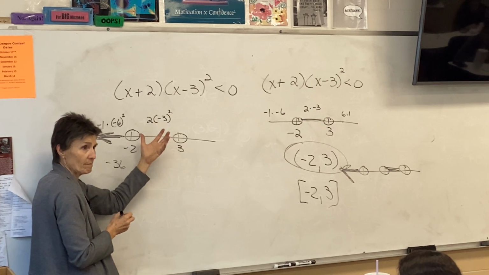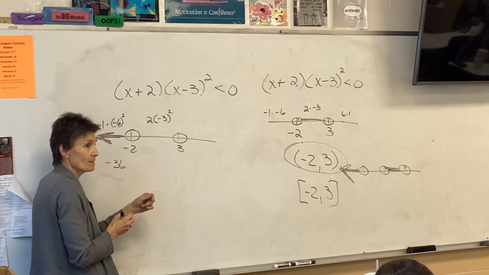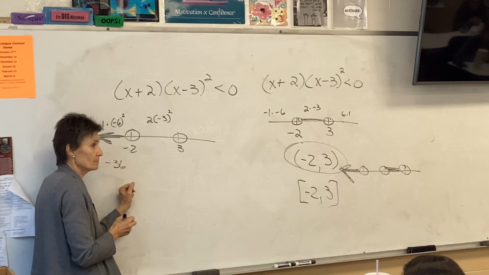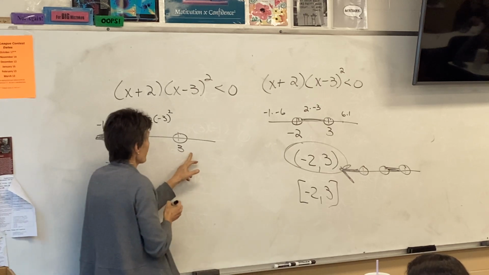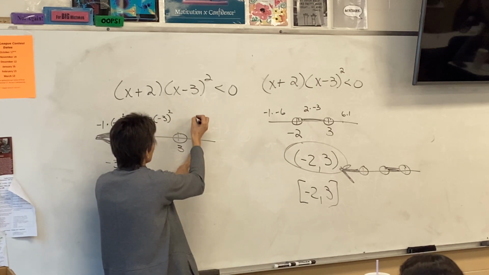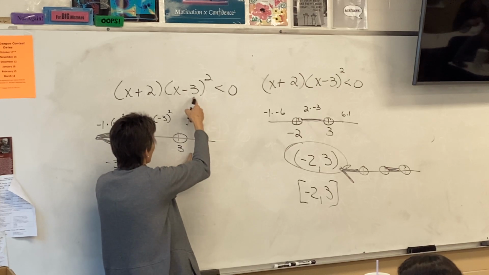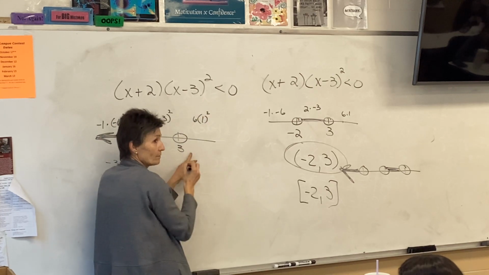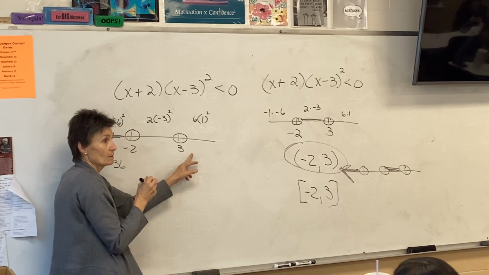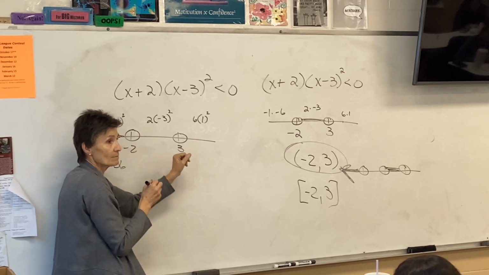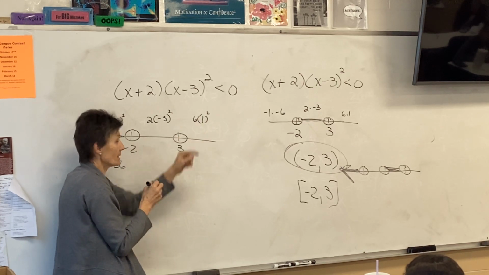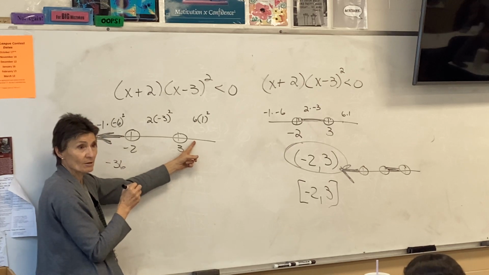So 18. Is 18 less than 0? No. Don't shade it. Alright, let's try 4. 4 plus 2 is 6. 4 minus 3 is 1 squared. Is that going to be positive? Not less than 0, so that isn't shaded either.